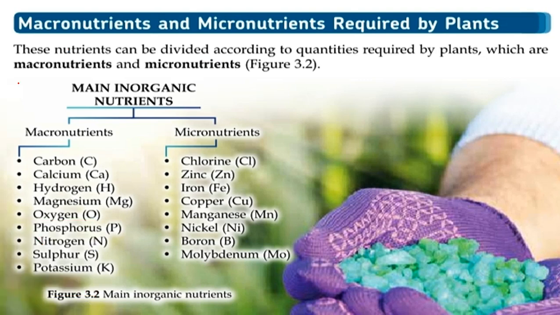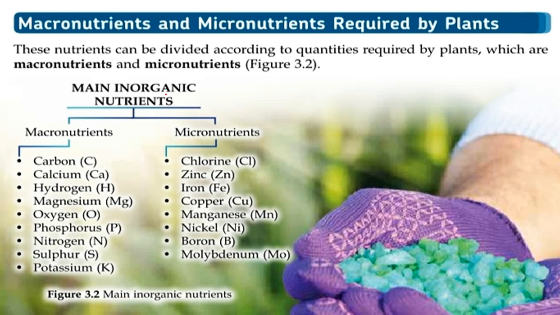Penamaan macronutrient dengan micronutrient itu bergantung kepada kuantiti nutrien itu yang diperlukan oleh tumbuhan. So we have macronutrient and also micronutrient.